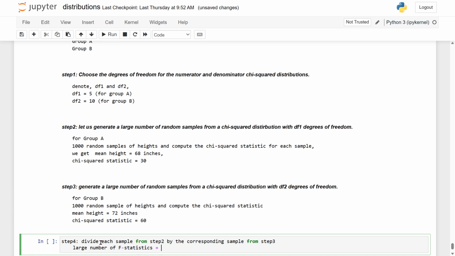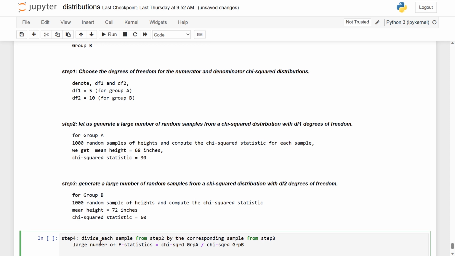In our case, we will divide the chi-squared statistic of group A by the chi-squared statistic of group B. Hence, we got 30 divided by 60.